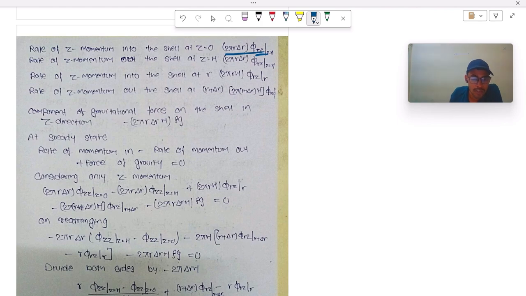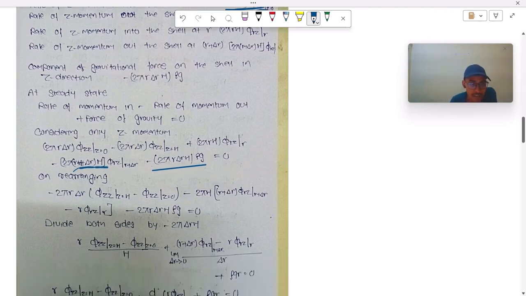Putting in all the values, rate of momentum in at z equal to 0 and at r is given by 2 pi r delta r into phi zz at z equal to 0 plus 2 pi r h phi rz at r, minus rate of momentum out, that is coming out of the surface, given by 2 pi r delta r phi zz at z equal to h plus 2 pi (r plus delta r) h into phi rz at r plus delta r. And the force due to gravity is given by minus 2 pi r delta r h rho g.